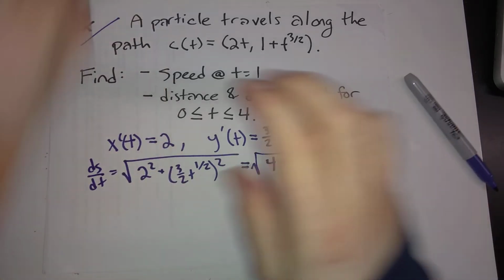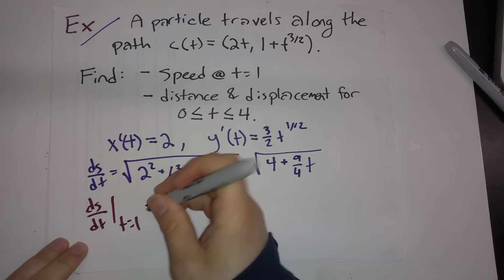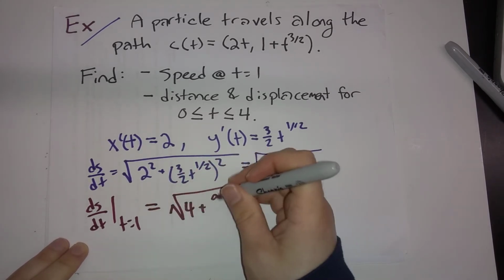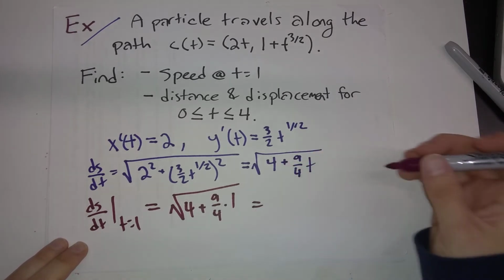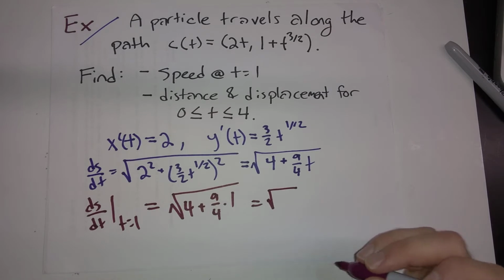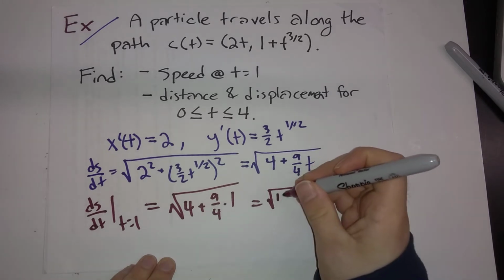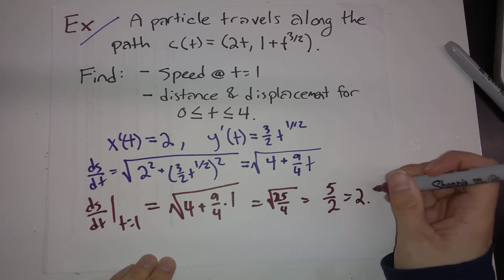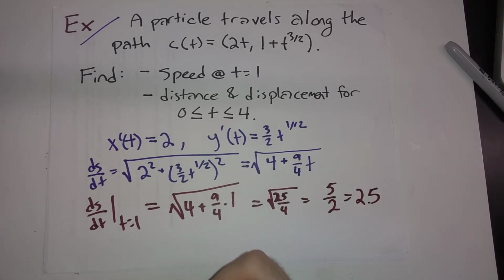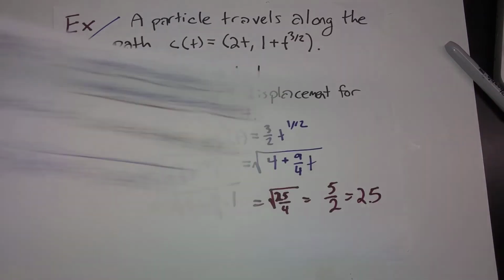And we are asking at t is equal to 1. So this is going to be the square root of 4 plus 9/4 times 1, so 16 over 4 plus 9 over 4 is 25 over 4. So that comes out to 5/2, which is 2.5 in whatever units we're dealing with. Okay, so that part of the problem is just a straightforward application of this speed calculation.